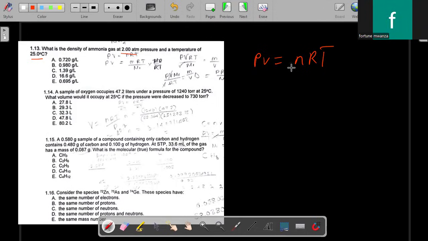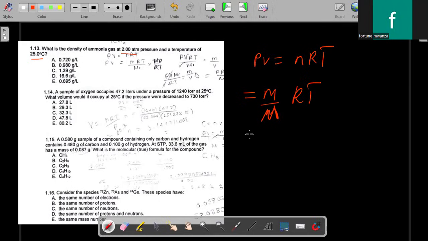So this is from the ideal gas equation. I know the number of moles is given by mass divided by molar mass, then I have RT.